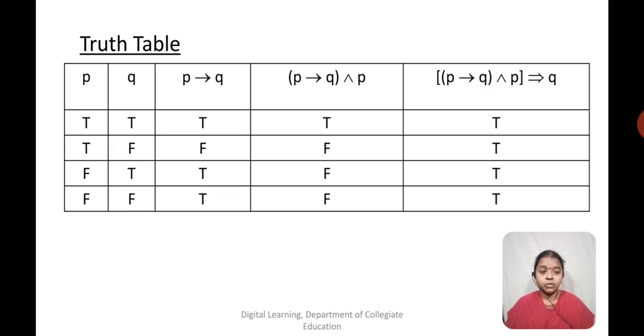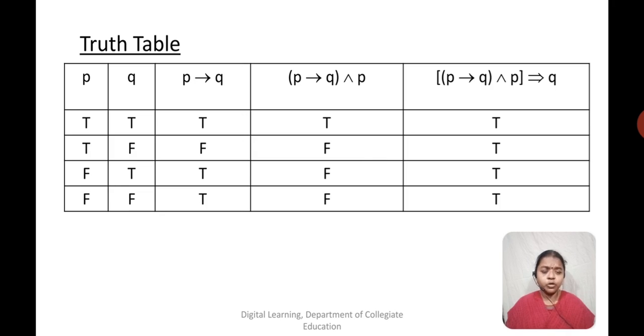So the first column is P, second column is Q, third column is P implies Q, the fourth column becomes P implies Q and P, and the last one is P implies Q and P implies Q. You know, P implies Q is false only when the first proposition is true and the second proposition is false. That comes in the second combination. So the second combination is F. All the other three are true.